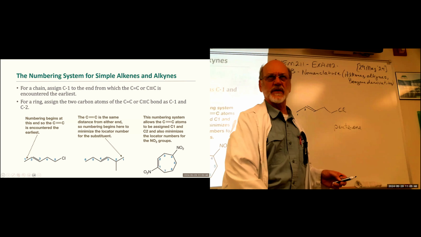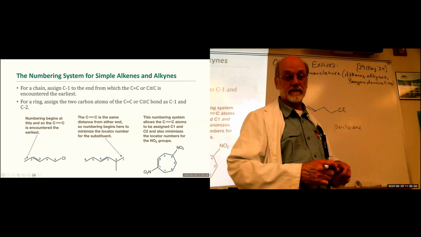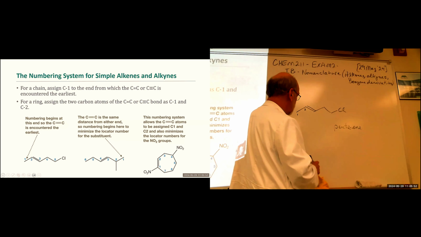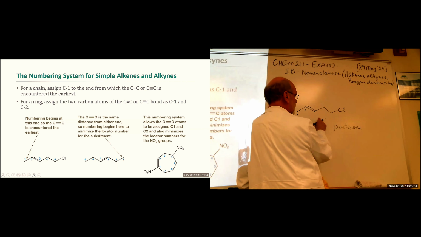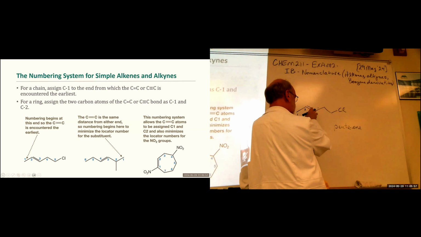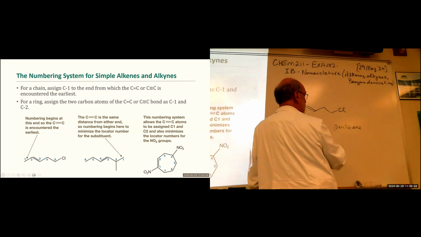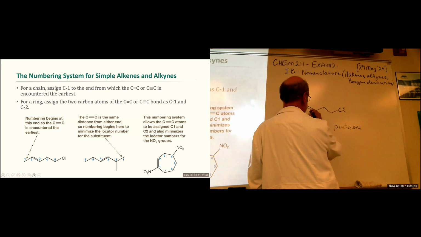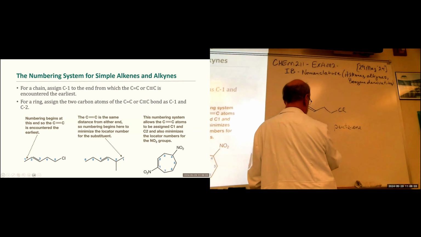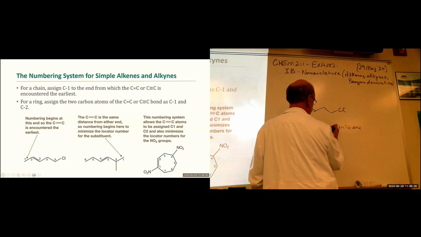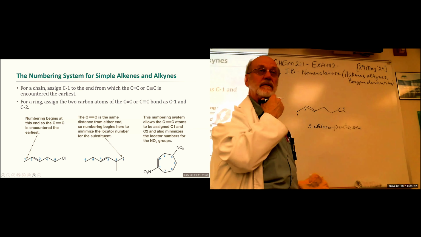They don't show us that on this slide, but that's where we're headed. Rather than 1, 2, 3, pent-3-ene, it's pent-2-ene. And then in that case, that makes this 5-chloropent-2-ene.